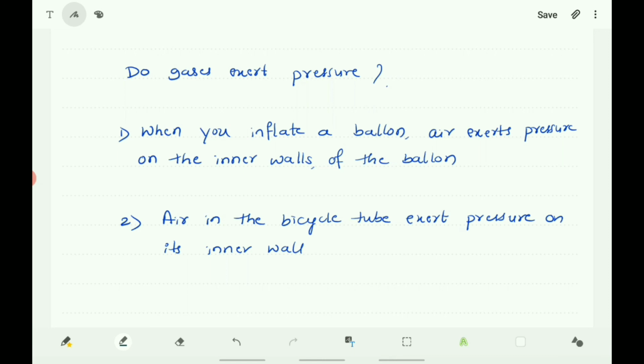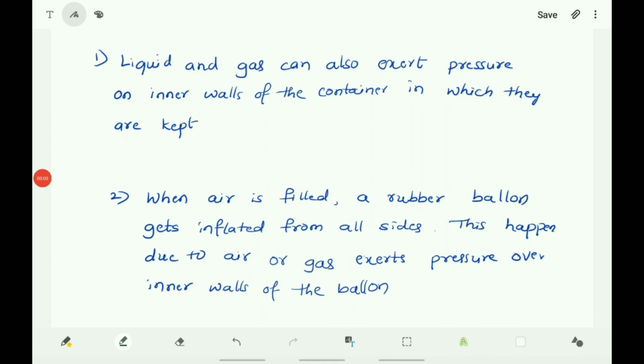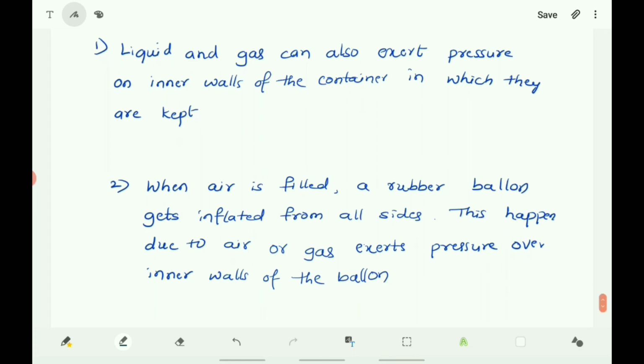You can't move the cycle with the punctured tube, so you have to change it. In this way, it is clear that liquid and gas exert pressure on the inner walls of the container in which they are kept.